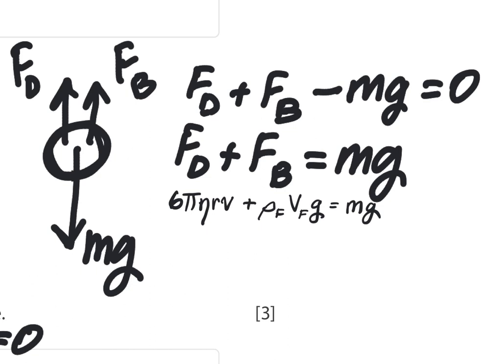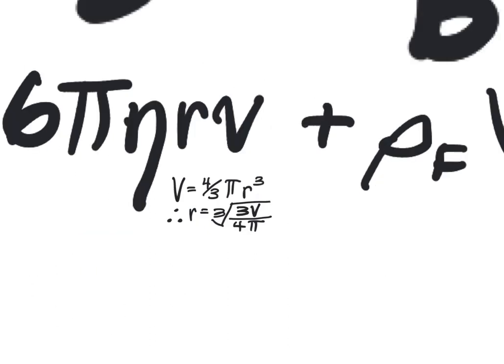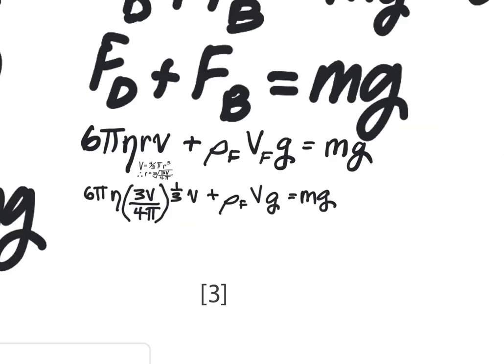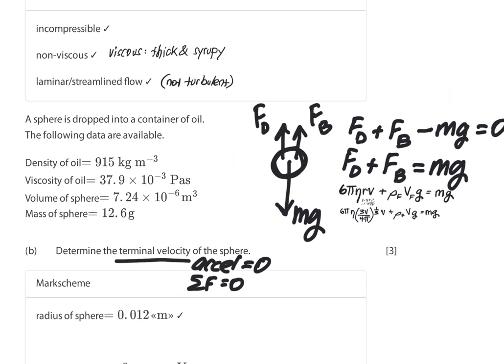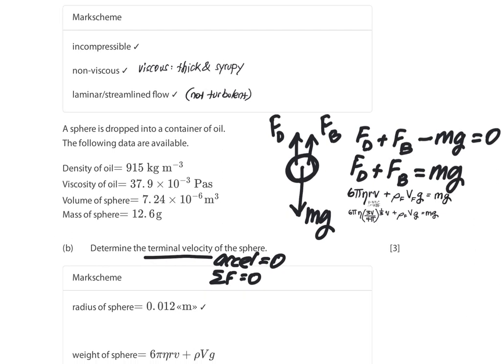We don't have the radius of the sphere, but we do have the volume, so the radius is the cube root of 3 times the volume over 4 pi. Now we have the expression in terms of everything defined in the problem: the volume, the viscosity of the oil, the density of the oil, and the mass of the sphere.